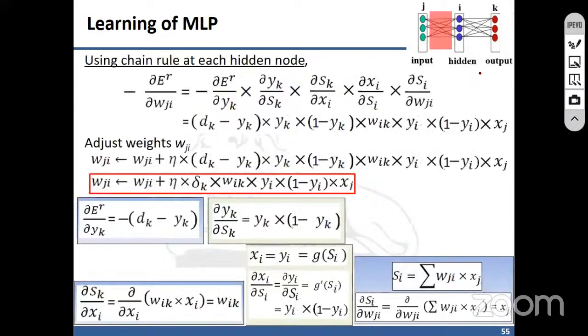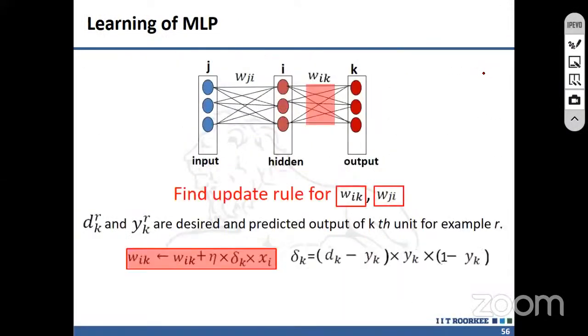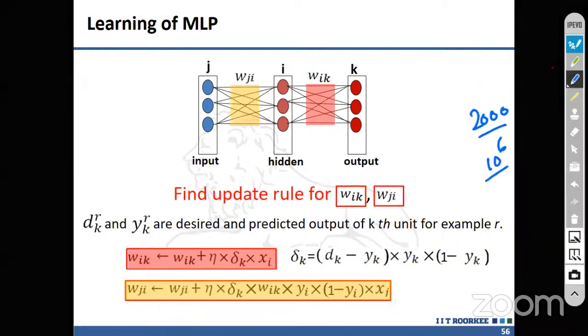There is another thing I needed to tell you. You see here that I am using this multiplication WJI, which is multiplied with this WIK, and there are several Y terms, Xi terms, and eta terms. If I am having 3 layers, IK, JI, and there is another layer, then that will be modified.